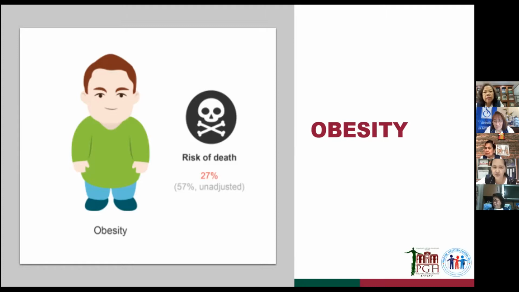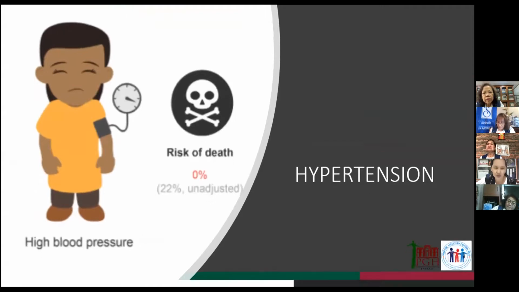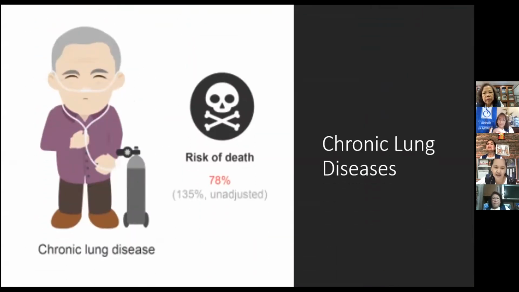So try to get into a good kind of diet and prevent getting obese. Kasi ngayon parang dali maging obese kasi nasa bahay lang tayo. Kain tayo ng kain. Try not to do that. High blood pressure. So kung mataas blood pressure, try nyo i-control and have good control of that.